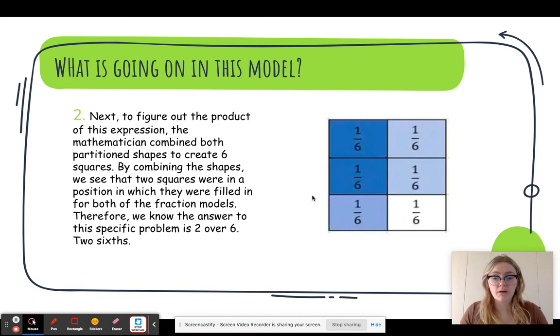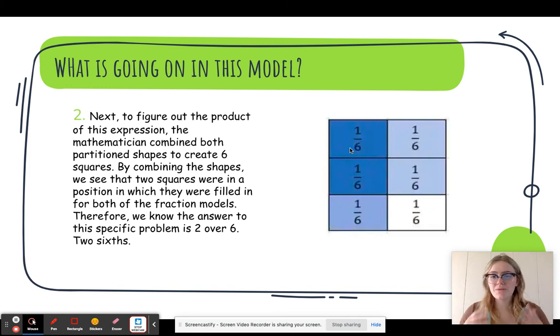And for the halves model, there was 1 line going down the middle, which we see there. That created 6 boxes. We also combined the filled in portions, and we see going up and down, that's the halves portion that was filled in, and going across, these 2 boxes going across represent the 2/3 portion.